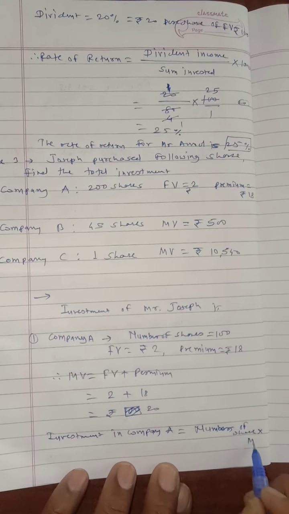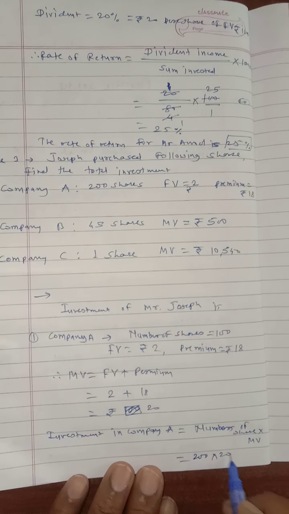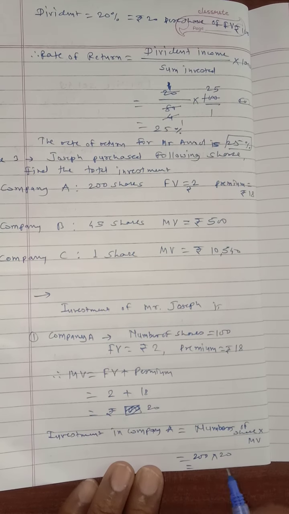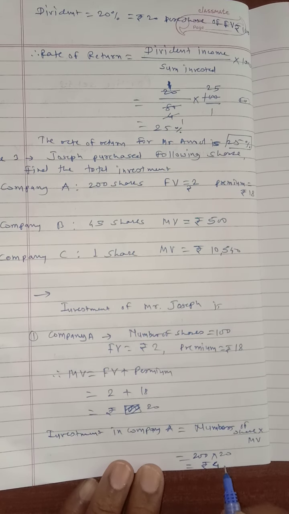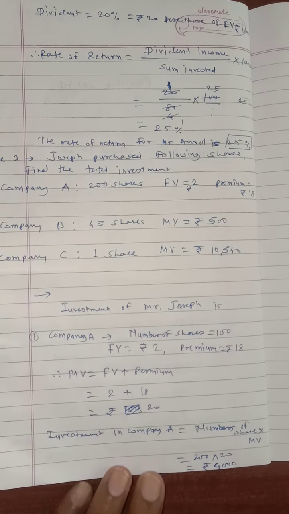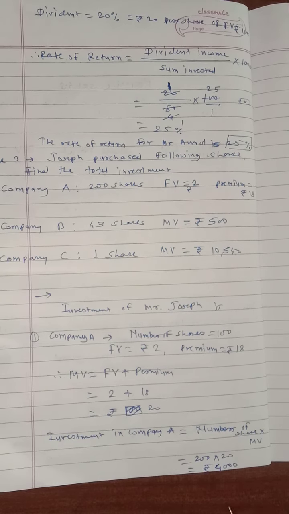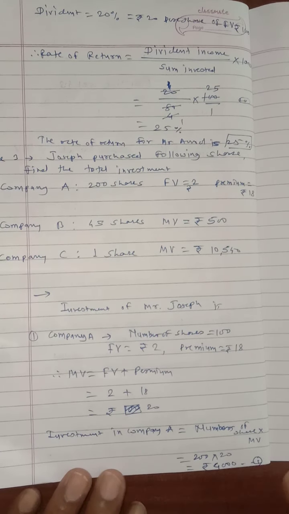Number of shares is 200 into market value 220. The multiplication of these two numbers is rupees 4000, the investment in company A.